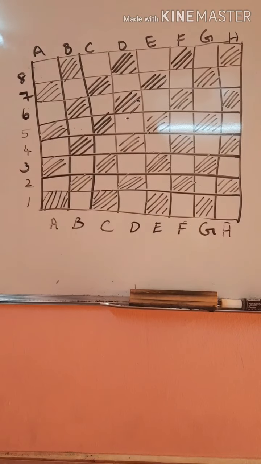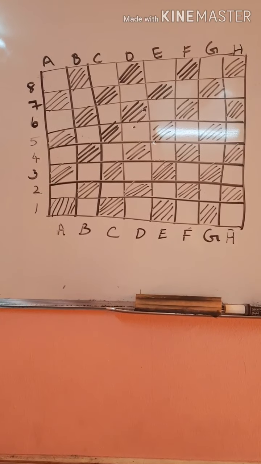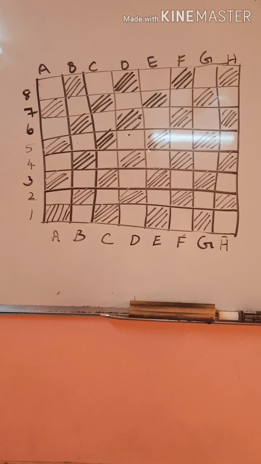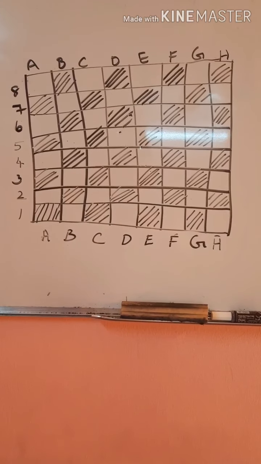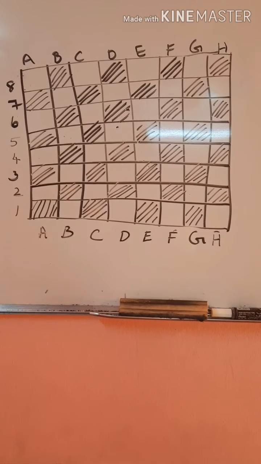Now I am going to teach how to place the chessboard and how to place the coins on the chessboard, and their movements. All of you watch this video carefully. A chessboard consists of 64 square spaces with a combination of white and black squares. There are files, which are the columns going up and down.